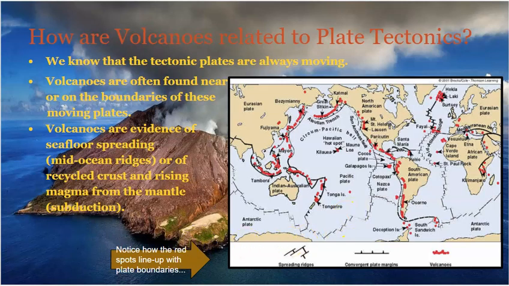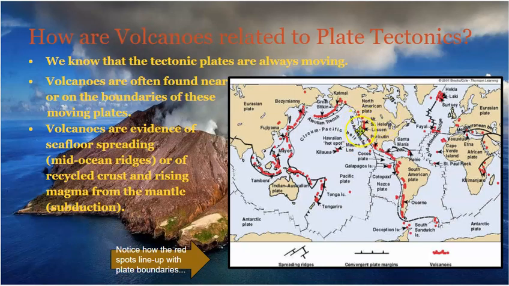Volcanoes are evidence of seafloor spreading along plate boundaries, or of recycled crust due to subduction and rising magma from the mantle as that subduction occurs. So we'll see volcanoes for both reasons, either because the plates are actually pulling apart, or because we're having subduction happen, and so we're seeing those volcanic arcs that form as the magma is boiling from the mantle that is recycled.